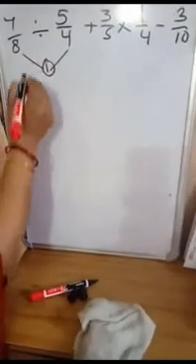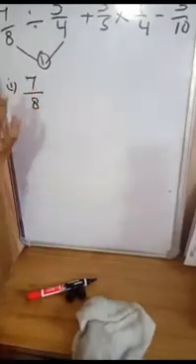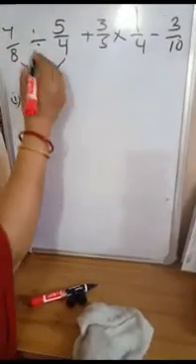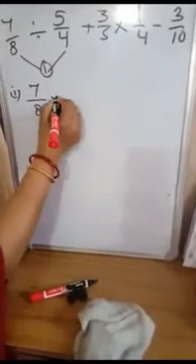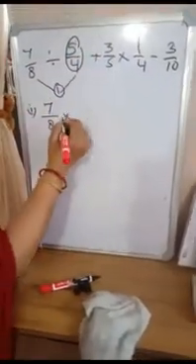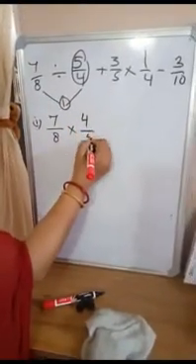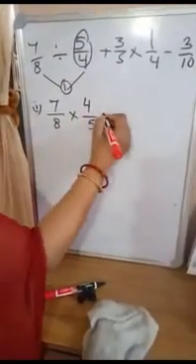All of you know that in the case of fractions, when we are doing division, the division sign will change into multiplication, and the fraction 5 by 4 will become its reciprocal. We have to write down 4 by 5. Correct? This is the first step.